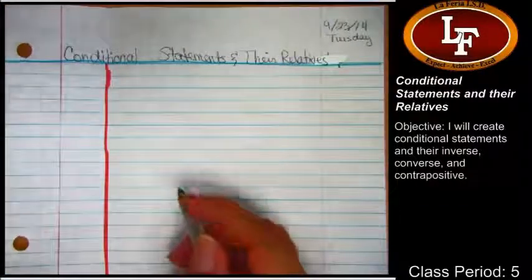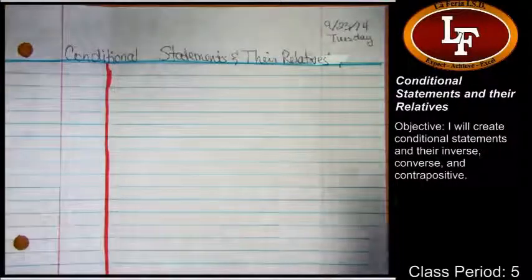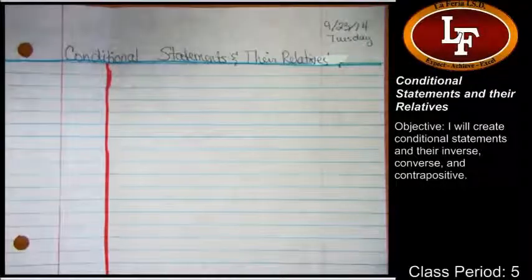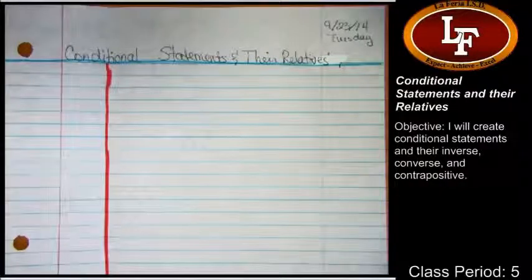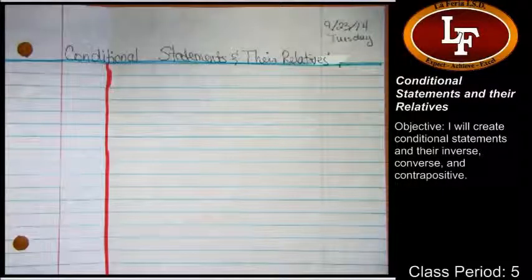All right, so while you set up your paper, I want to take a brief moment to remind you what conditional statements are. These are if-then statements. If you meet some criteria, some condition, then something else will happen, right?